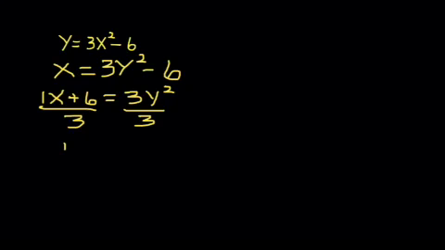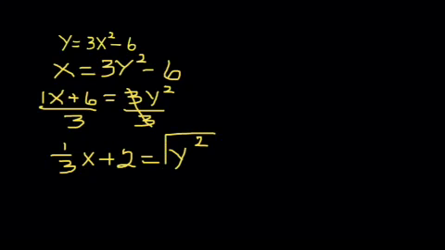And so that becomes 1/3 x plus 2 when I divide it out, and that's equal to y squared. Now, I'm not quite finished yet because I still have y squared and I would like for it to just be y. Rules of algebra say that the opposite of squared is to take the square root, which is what I'm doing right here.